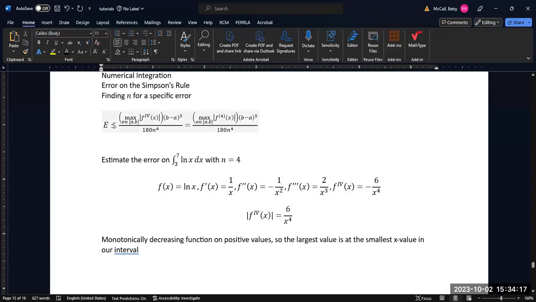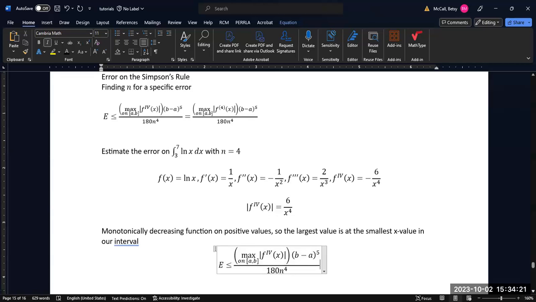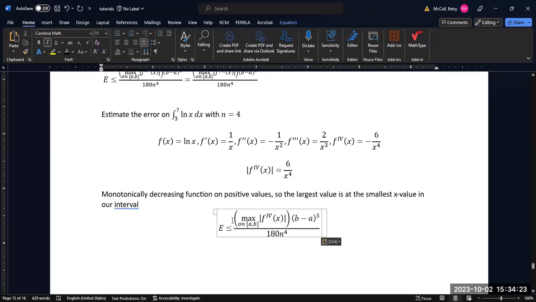So let's take our formula here, and we're going to start replacing values. The maximum on this interval is going to be 6 over 3 to the fourth, which is 81. And then b minus a is 7 minus 3. And then for n equals 4, this will be 4 to the fourth.